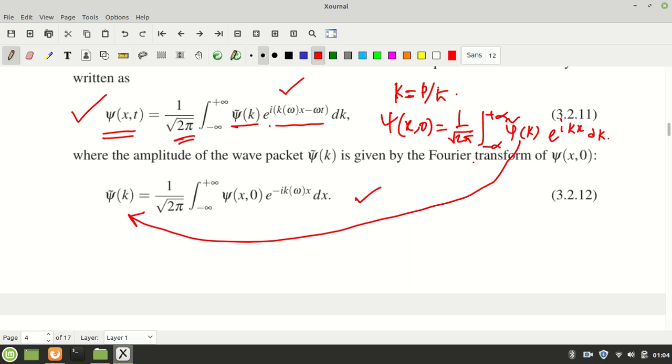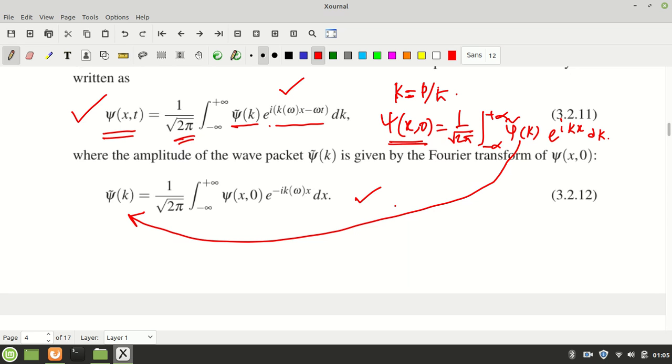So psi tilde k has a physical significance: it is the Fourier transform of the time independent solution of the Schrodinger equation. So it is the Fourier transform of a wave function, or you can say it is the wave function in momentum space because it is a function of k.